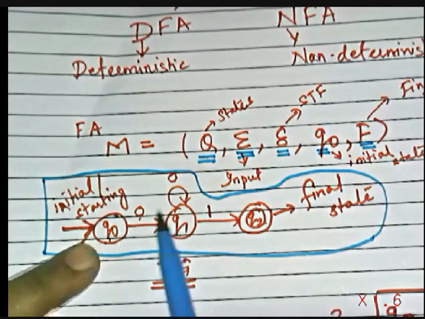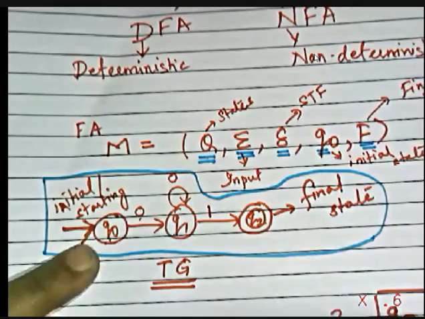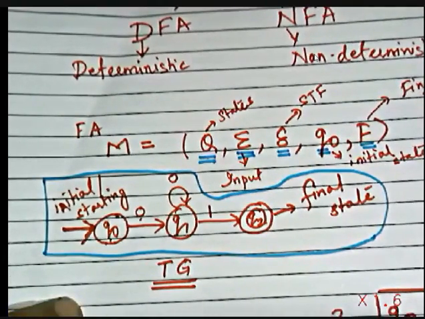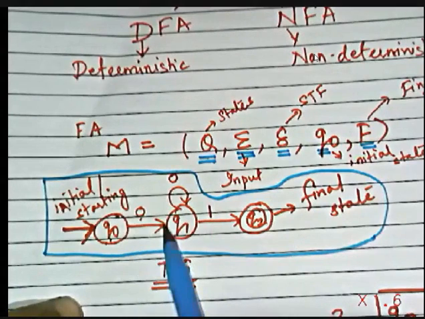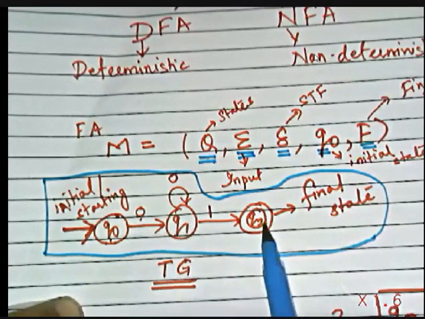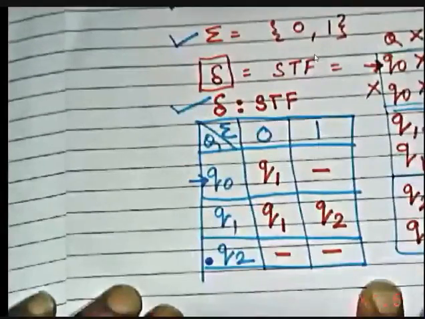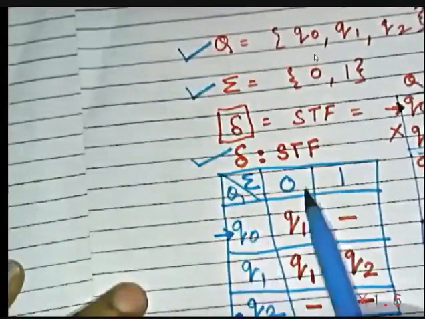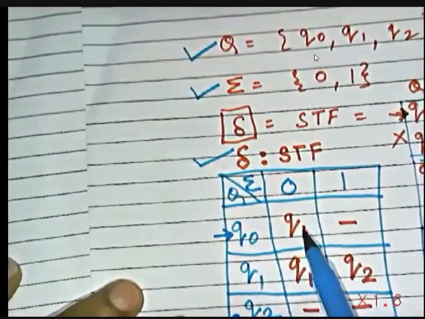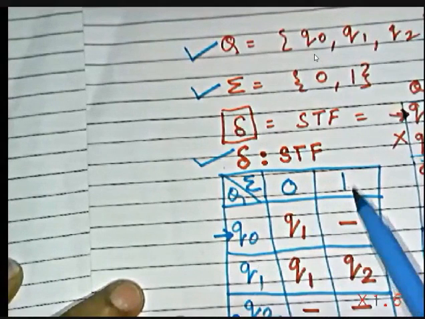Is there any other indication, like Q0 on 0 moving to Q2, in this diagram? There is no other transition from Q0 on 0 to any state other than Q1. So Q0 on 0 moves to a single state Q1. Similarly, Q1 on 0 moves to a single state, and Q1 on 1 moves to a single state.